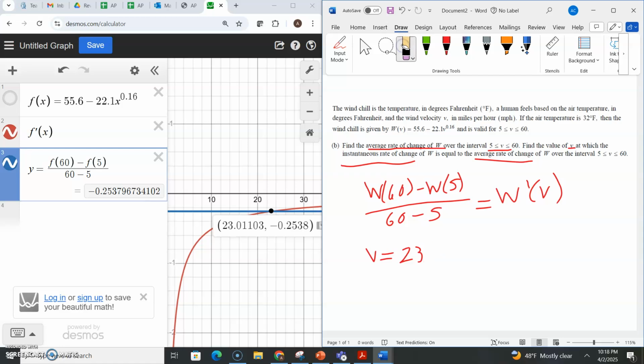Sorry, my pen is not working. And then this v represents wind velocity, so I guess miles per hour are the units. And I would say at v equals 23.011 miles per hour, the instantaneous rate of change of W is equal to the average rate of change of W. And that's pretty much it.